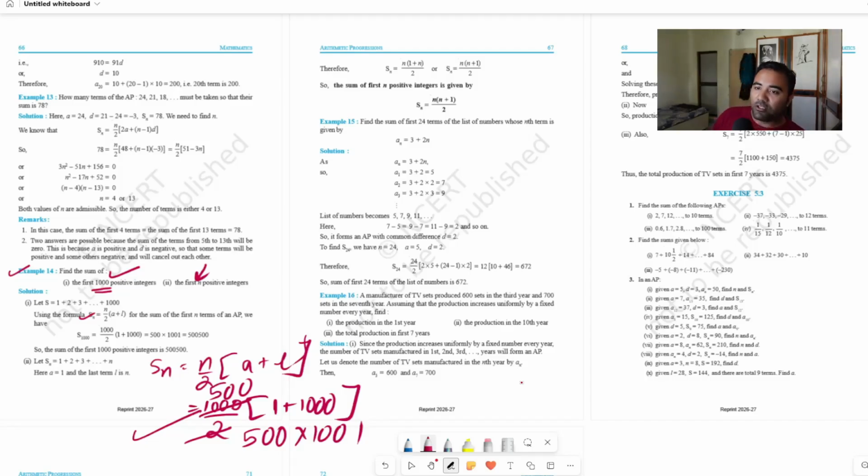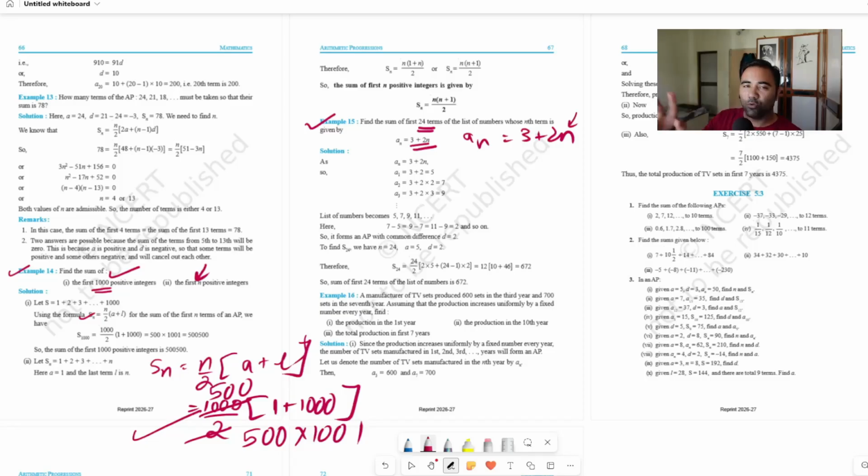Okay, chalo, we move on to example number 15. Find the sum of first 24 terms of the list of numbers whose nth term is given by this. Alright, so this is the nth term, 3 plus 2n. So if I put n is equal to 1, I will get the first term.